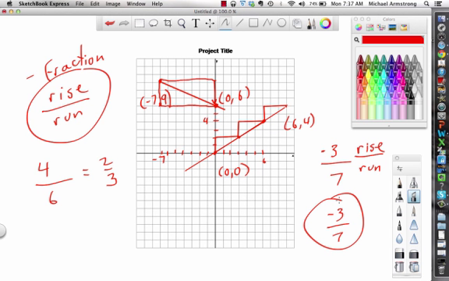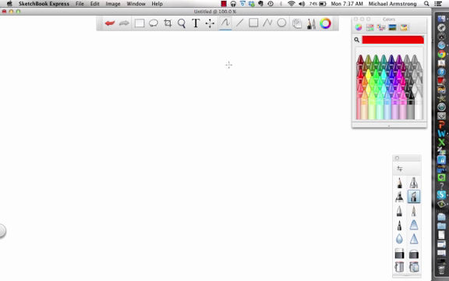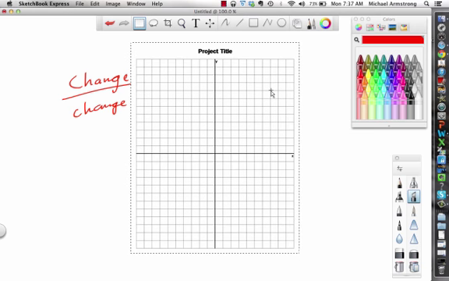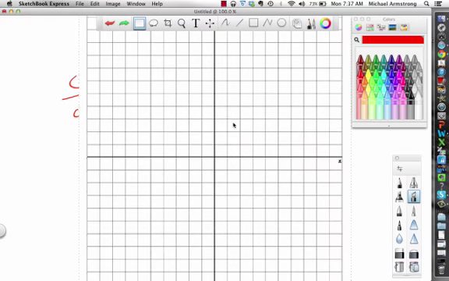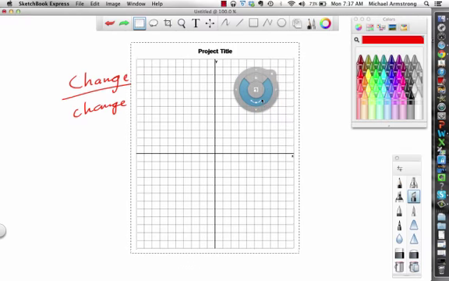So again, it's the change in the y value, change in y over change in x. If we do that real quickly again, I wonder if I can move this over. I just wanted to move it.